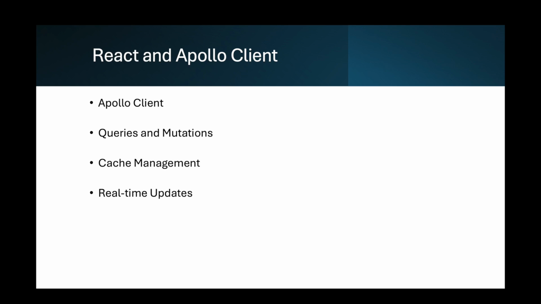Now you can benefit from Apollo Client's built-in caching capabilities to manage local and remote data efficiently and provide a smooth user experience. You can also have real-time updates, where you can leverage Apollo Client's support for GraphQL subscriptions to receive real-time updates from the server and update the UI accordingly.